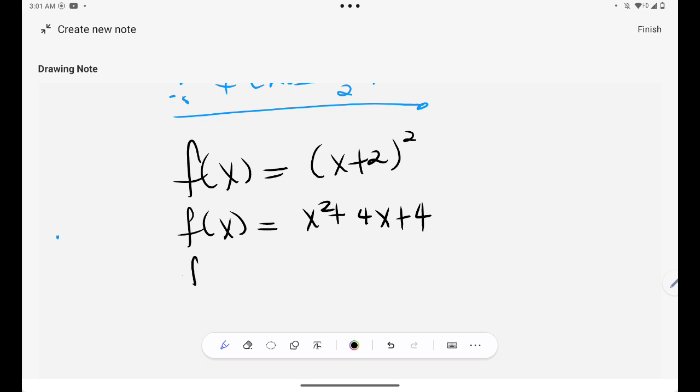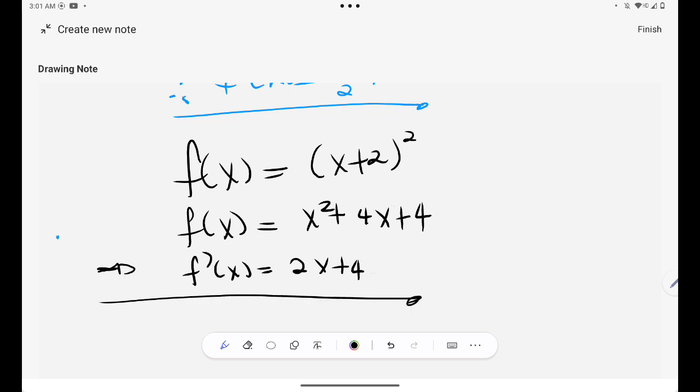And then I know that f prime of x will be equal to what? 2x plus 4. Please note, I only write f prime of x when I'm finding my derivative. Are you together? How did I get 2x plus 4? I said 2 multiplied by x, I got 2x, then 2 minus 1, I got 1 as the exponent. The exponent here is 1, so 1 times 4 is 4, and then x to the power 0 is 1. I don't need to write x to the power 0. This is how I find my derivative.